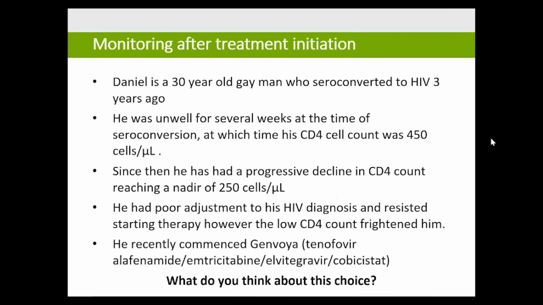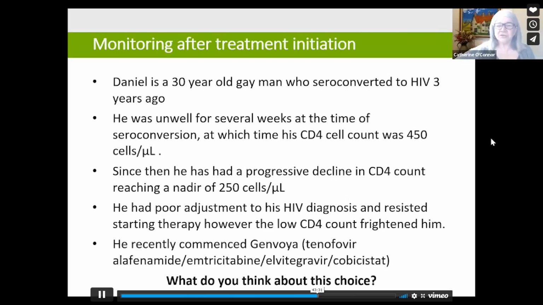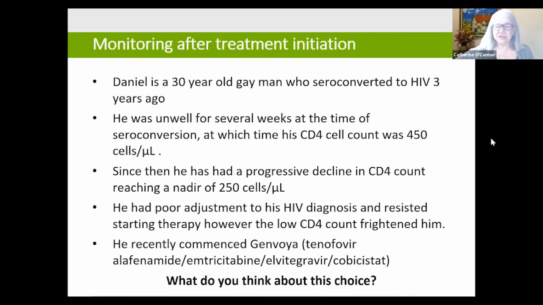Okay, so let's just look at some case examples of monitoring after treatment initiation. Daniel is a 30-year-old gay man who seroconverted to HIV 3 years ago. He was unwell for several weeks at the time of his seroconversion, and his CD4 was at that time 450 cells per microliter.